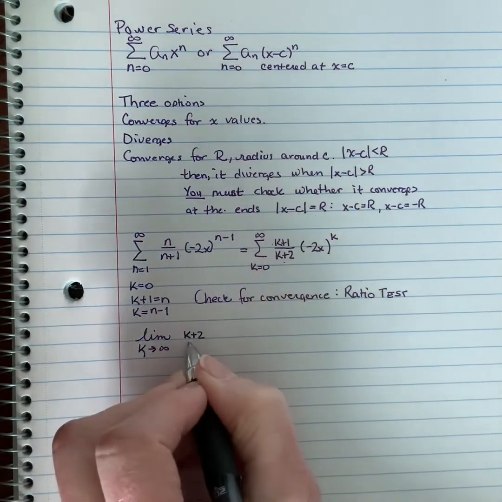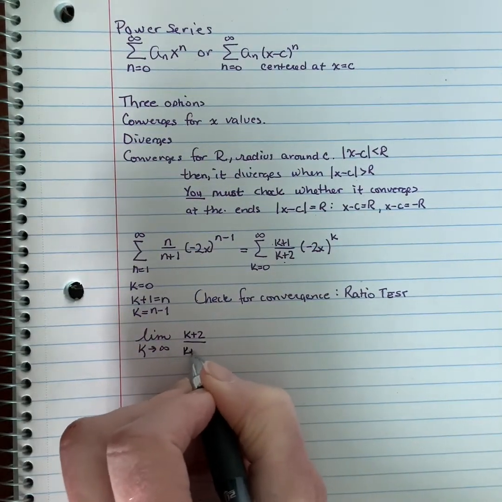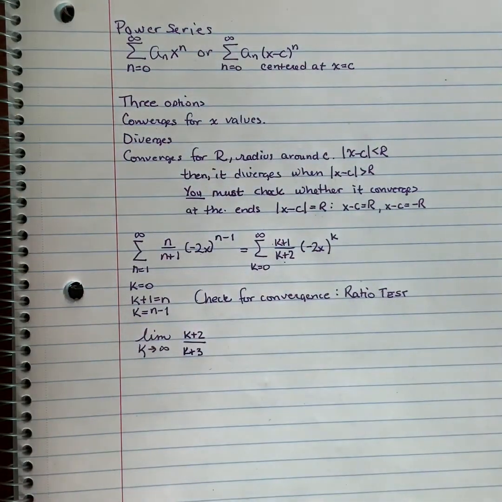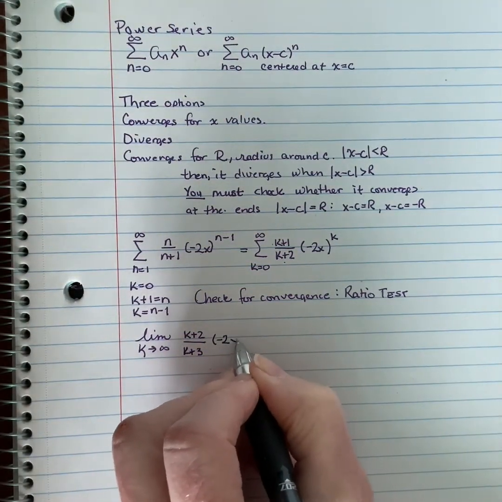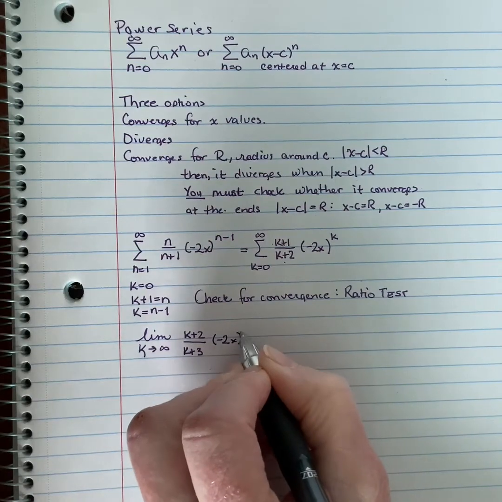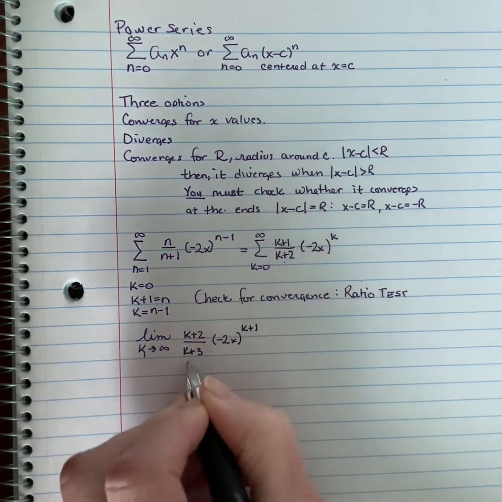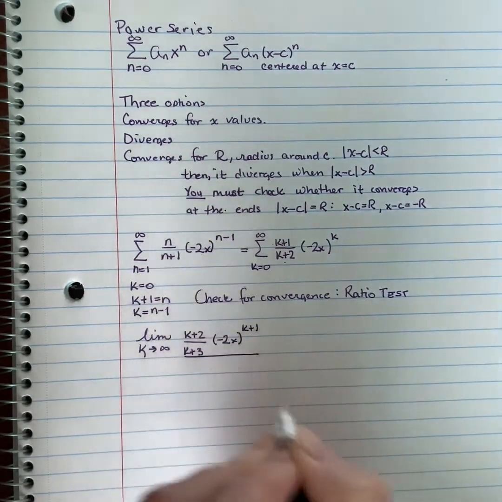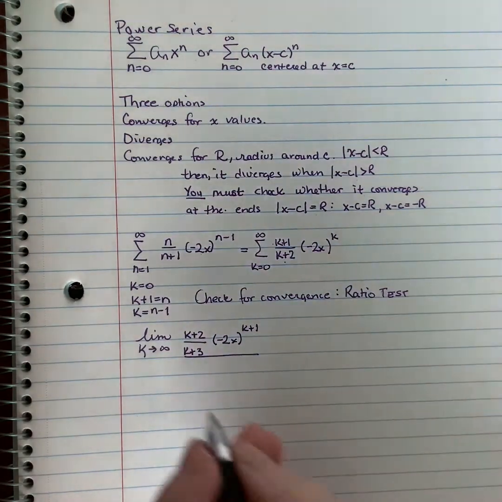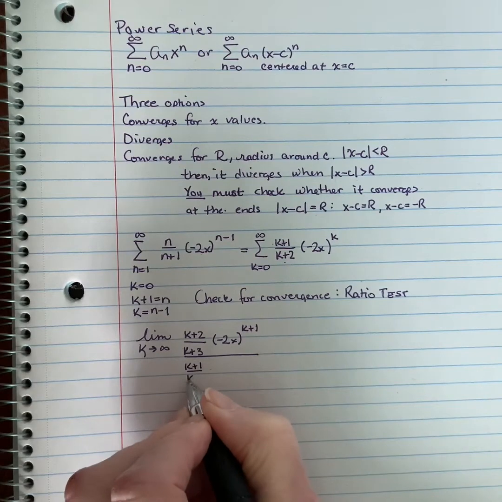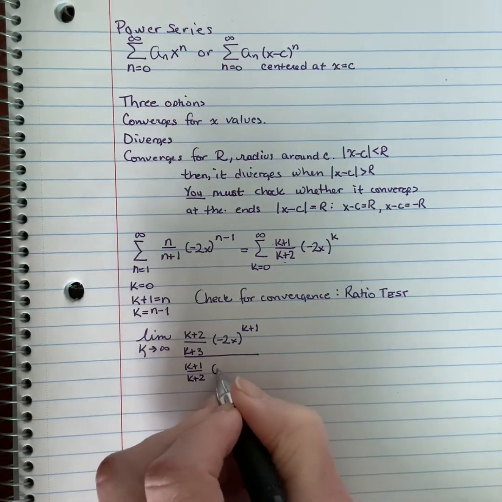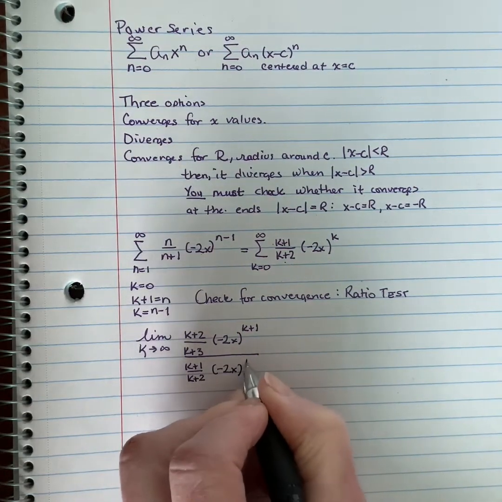K plus 2, the next term is k plus 3. Then I'm going to put minus 2x to the next term, which is k plus 1. I'm going to divide that by the original. So this one has k plus 1 over k plus 2 times minus 2x to the k.